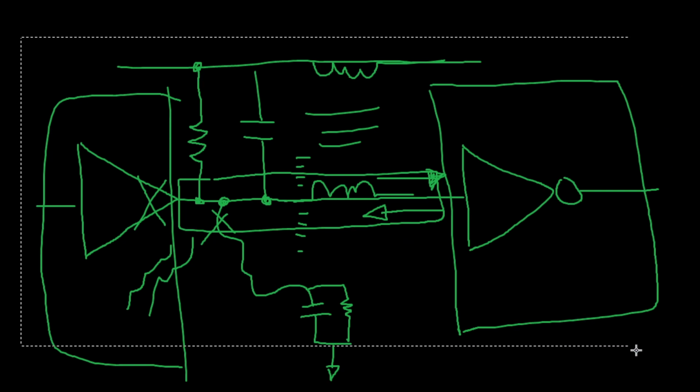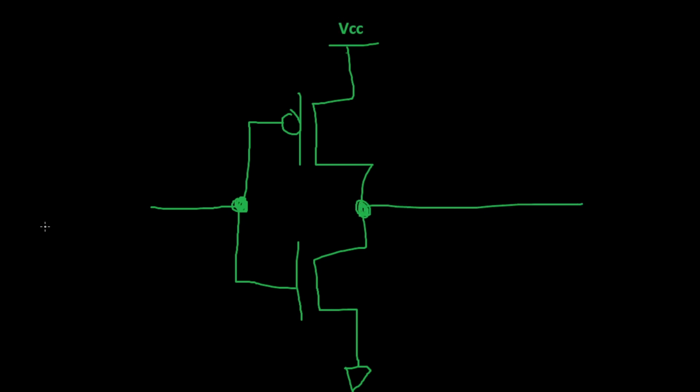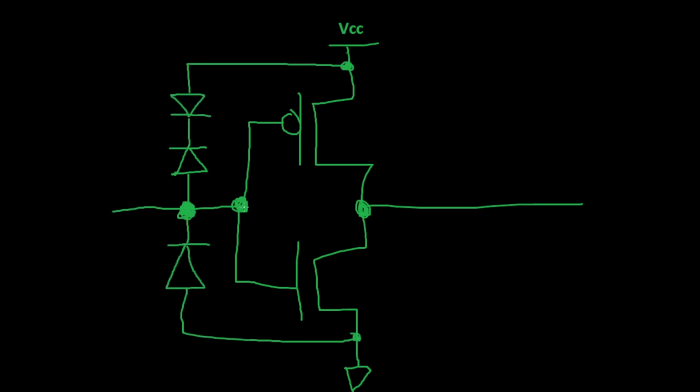Now, going back to our drawing that we had earlier, recall that most devices are going to have some form of ESD protection, usually in the form of diodes. The input to a CMOS device is inherently high impedance because we're looking into the gates of two MOSFETs, and very little current is going to be able to flow through those gates.